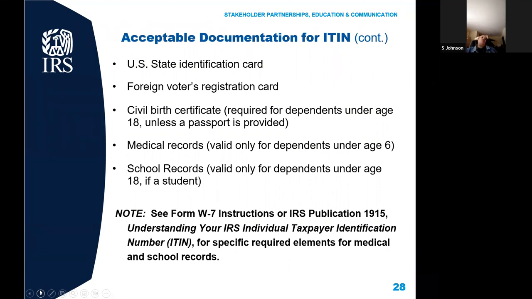It makes a note to look at the instructions and Publication 1915. The 1915 goes into more detail than the instructions. Even though the instructions are like 4 pages back to back, the 1915 gives you more detail. That's also available on the IRS's website too.